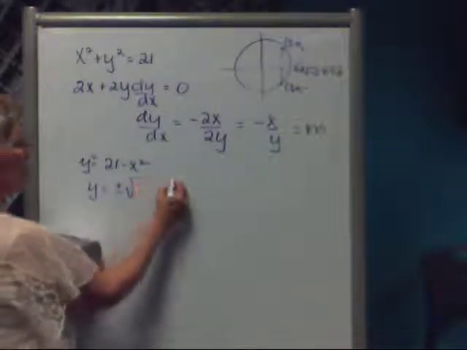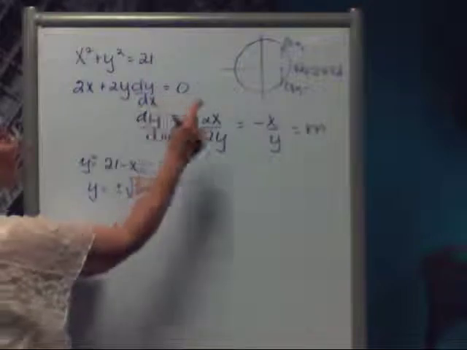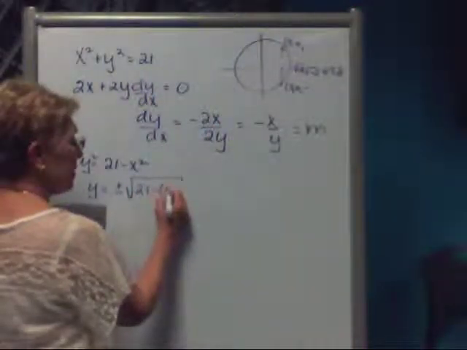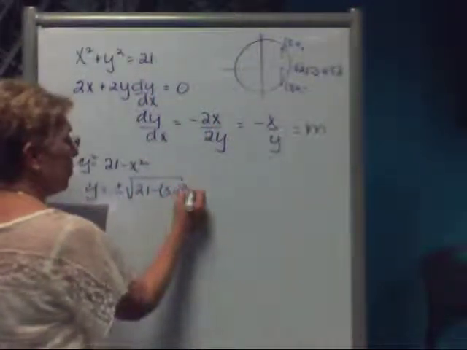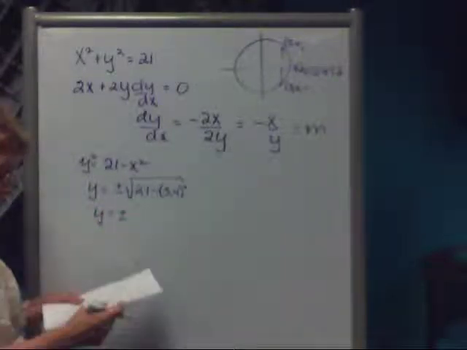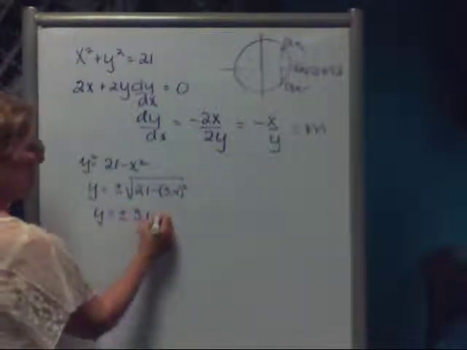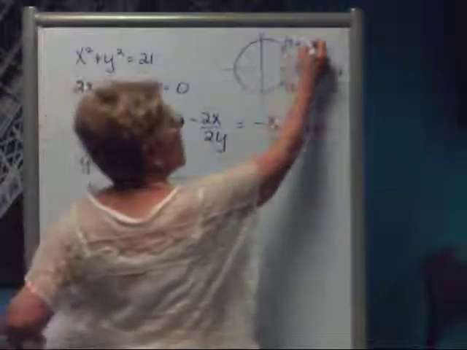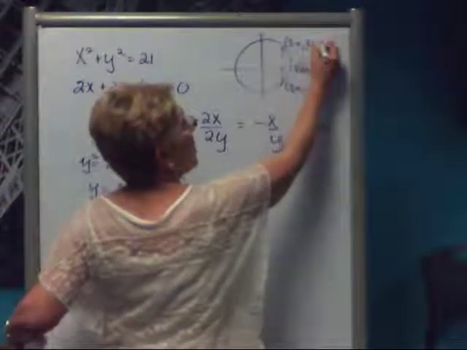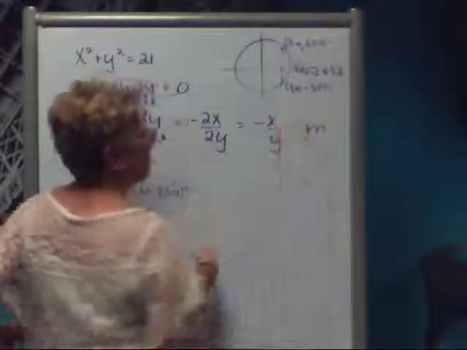So it's plus or minus the root of 21 minus, and particularly our x is 3.4 squared, that comes out to plus or minus 3.07. So these points are 3.07 for this y and negative 3.07 for that y.